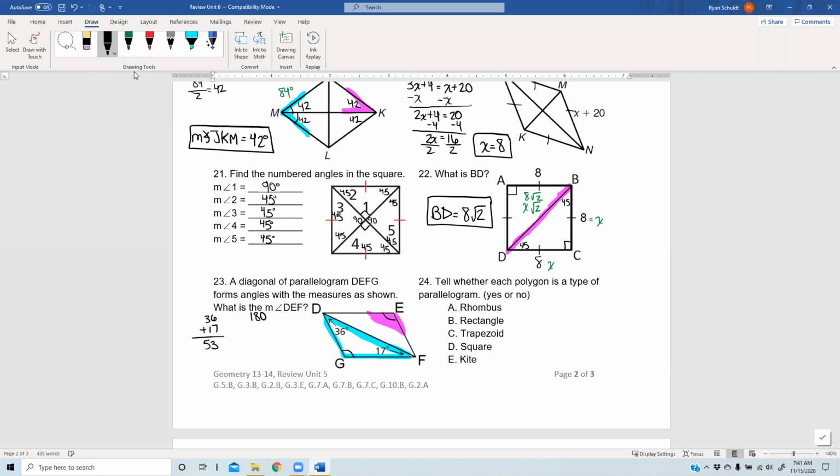Subtract 53 from 180. And we get 127. So this angle is 127, which means E is 127. So the measure of angle DEF, oh, that's just 127.